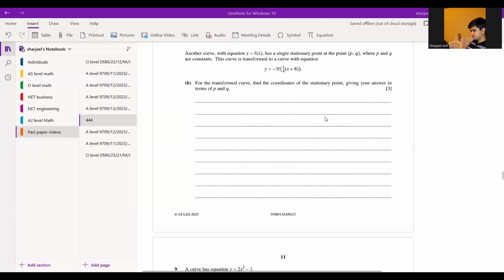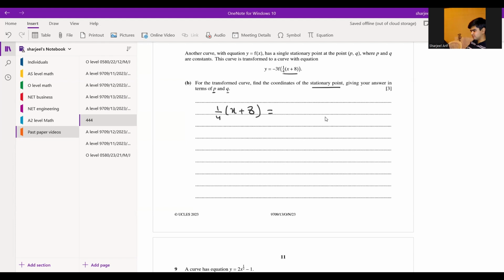For question number 8, part B, we have to find the coordinates of the stationary point from the transformed curve in terms of p and q. So the x component of the transformed curve is 1 by 4 x plus 8.